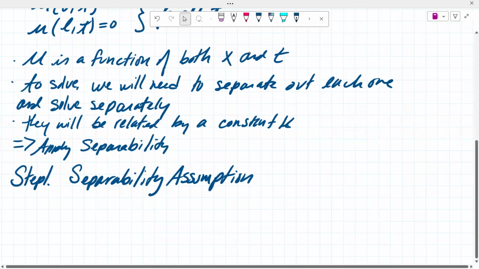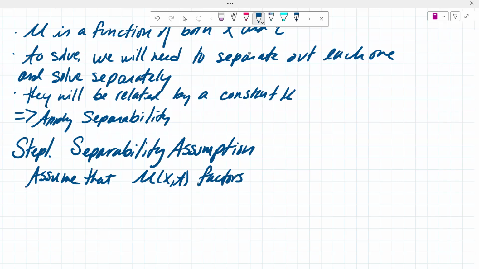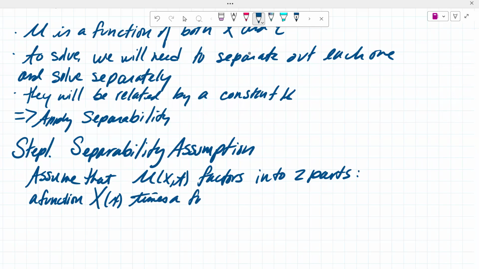We're going to assume that u of x and t factors into two parts: a function X of x times a function T of t.